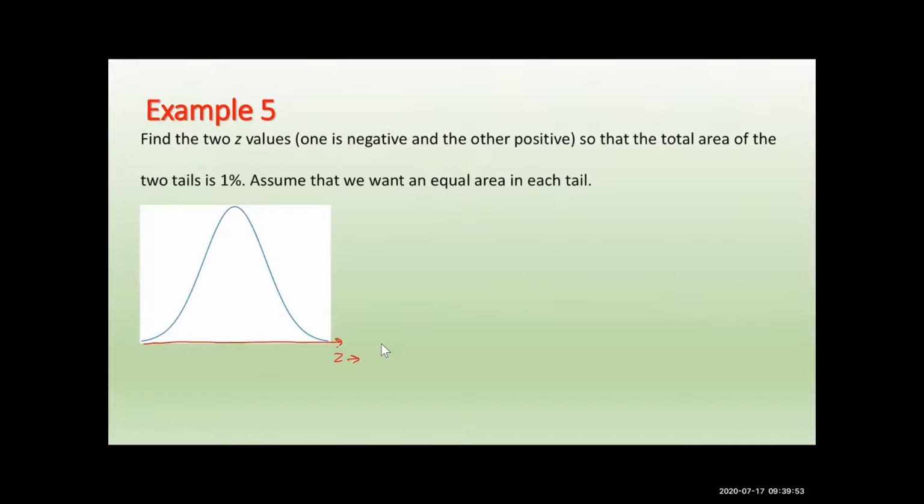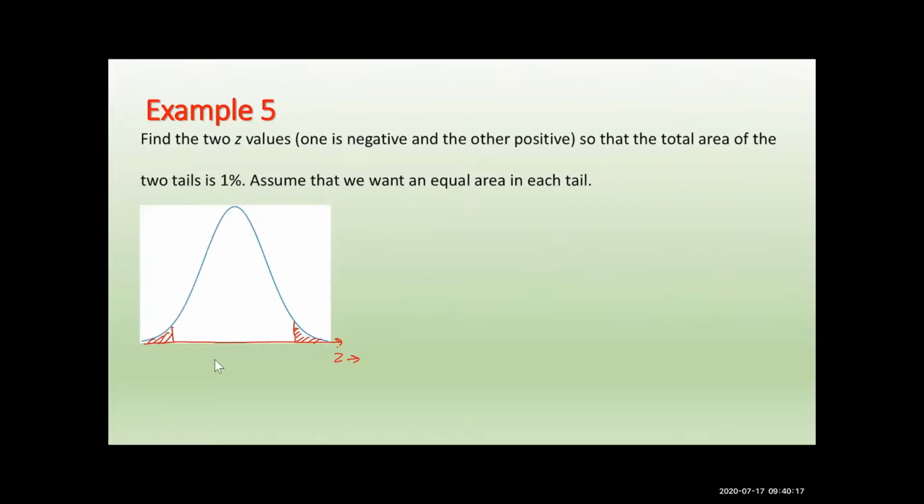So if this is the x-axis where we have the z-scores, what they want is here in the tail, they want the total area so that the total area of the two tails is 1%. So area here and area here, when you add these two areas, it is equal to 1%.